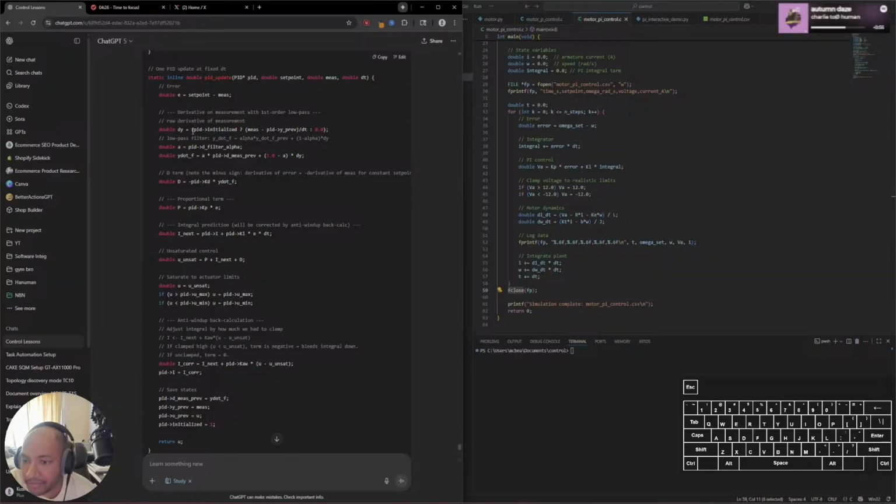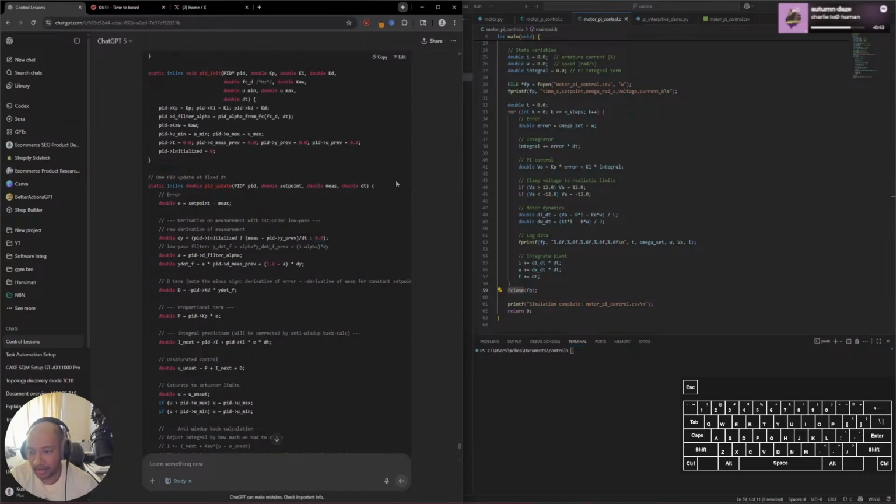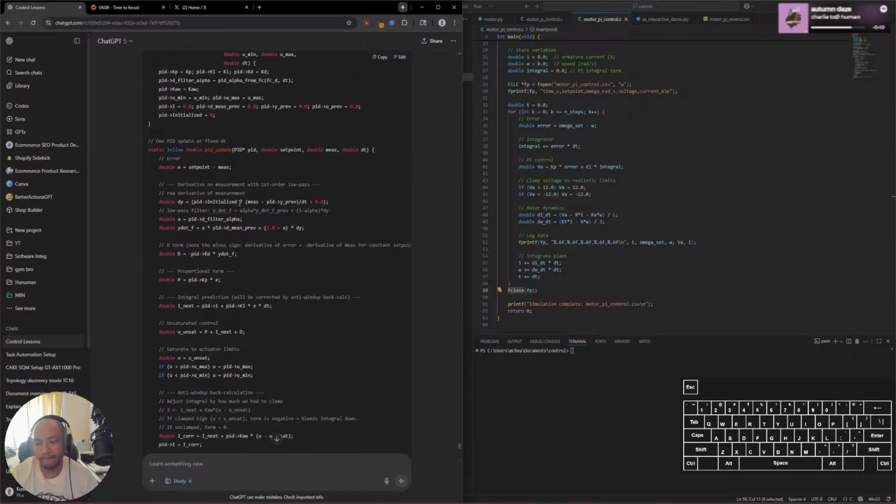What the heck kind of math is this? Hold on. Oh, is PID initialized? If it's 1, then it's this guy, otherwise it's 0. So PID is initialized here. But I don't think that's right, so it's 0.